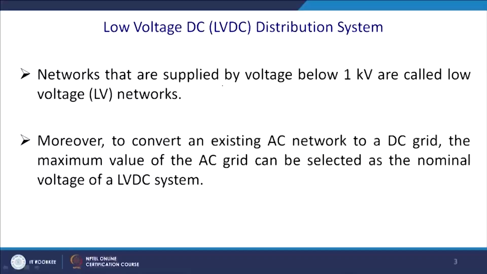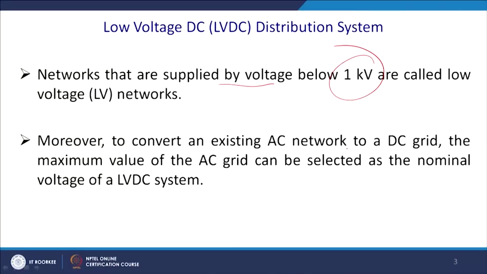The network that is supplied by voltage below 1 kV is called the low voltage network. Mostly we have 220 volt RMS as AC, and we can take the same DC voltage in most cases, or we can also consider a 48 volt battery system as a reference.